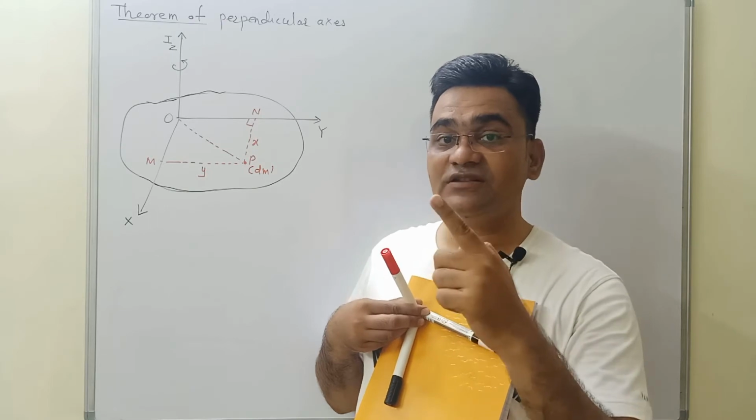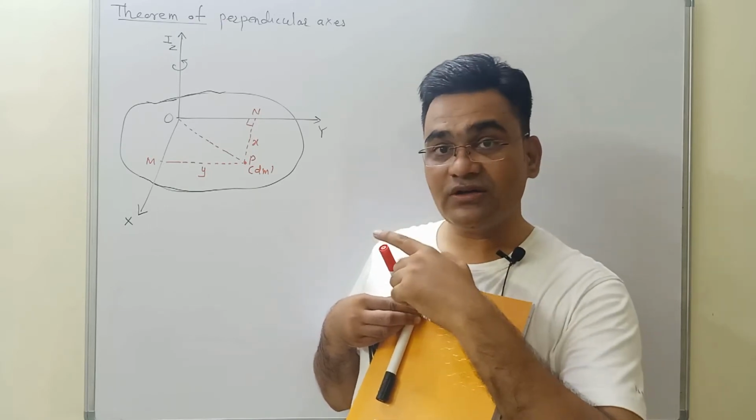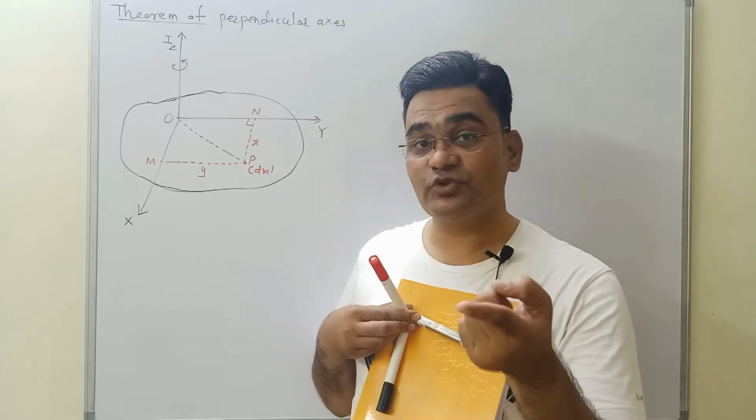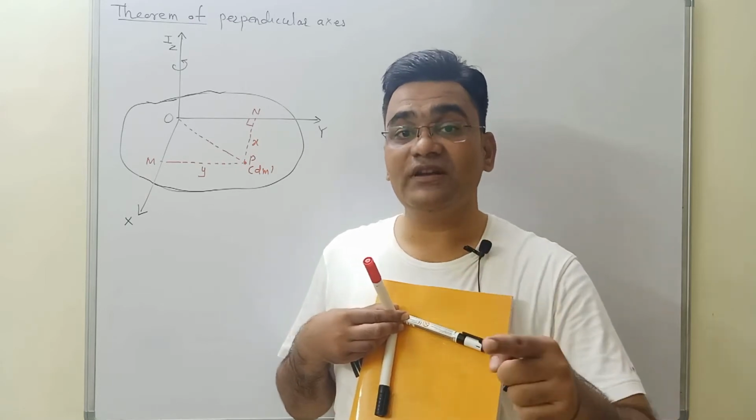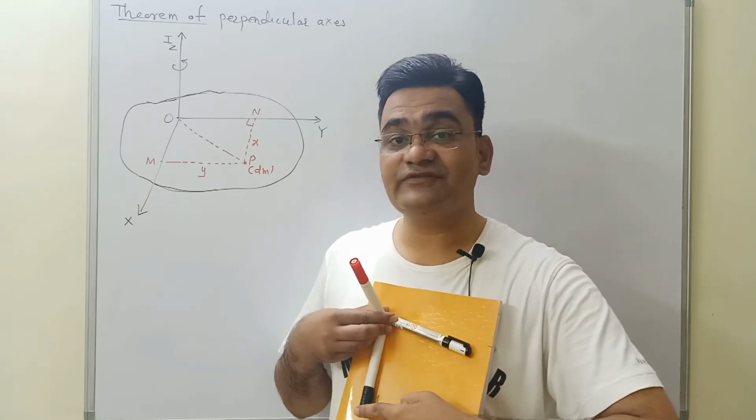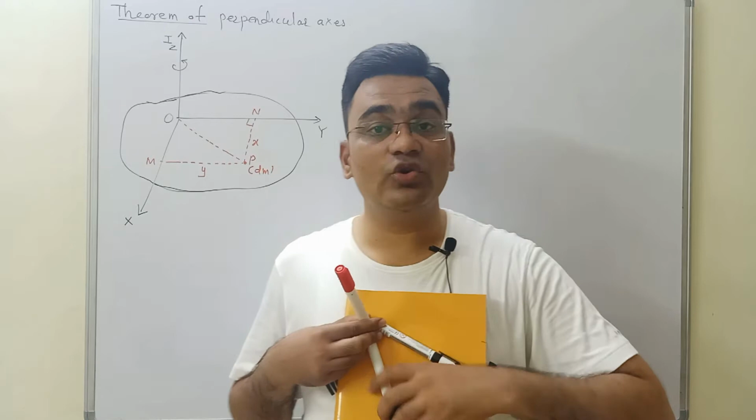So the moment of inertia of the body about the z-axis is equal to the sum of the moments of inertia about the x-axis and y-axis, which we are going to prove.